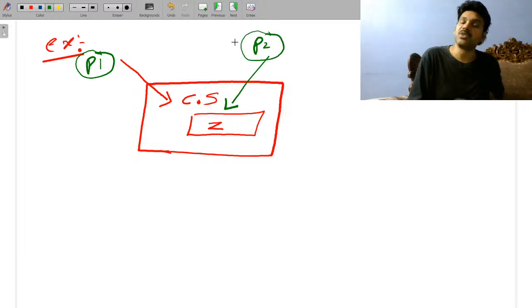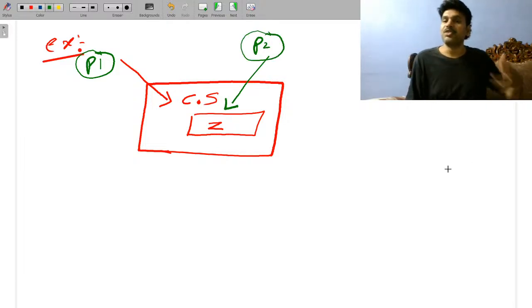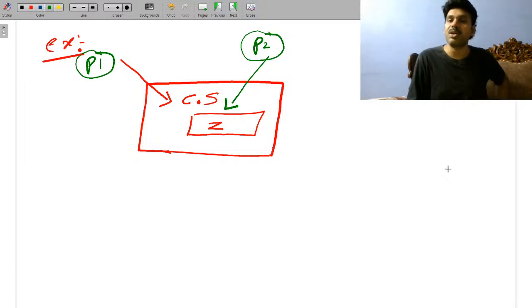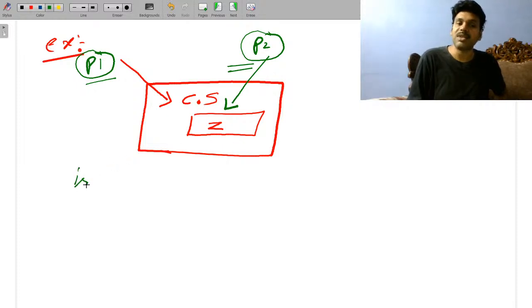So how is it possible? How can two processes be inside the critical section if you do not have a good algorithm to avoid this kind of situation? What is that? I do not have proper process synchronization. Therefore, multiple processes are inside the critical section. If anybody asks you, is it mutual exclusiveness?